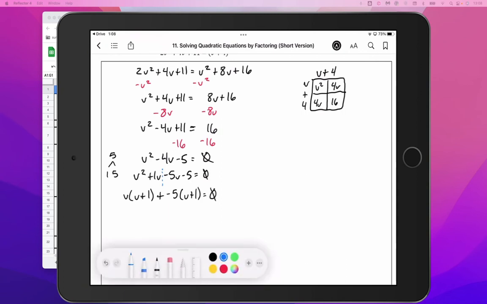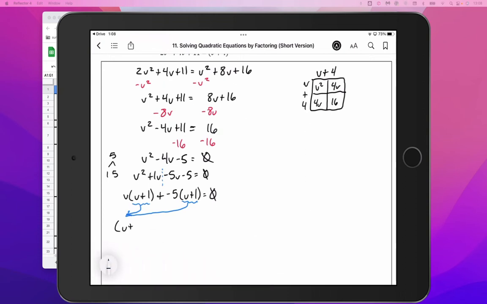And now recognizing that I've got a v plus 1 in both of those, we can factor the v plus 1 out. And what remains is v minus 5, or plus a negative 5, which would eventually become v minus 5 anyway, so I'll just write it that way to start with.